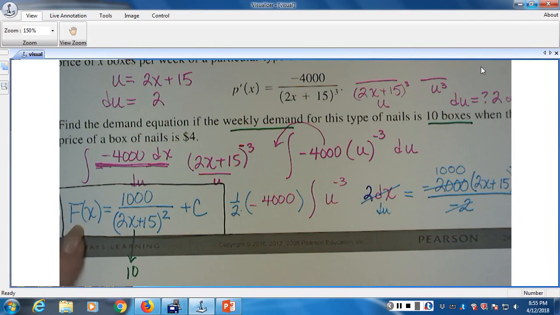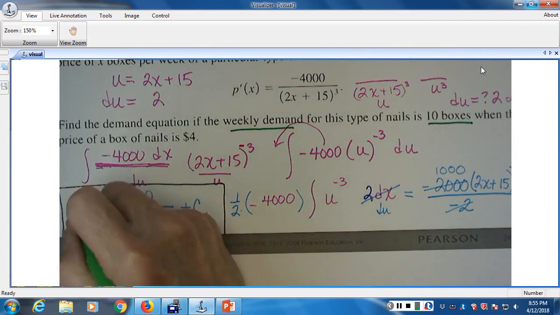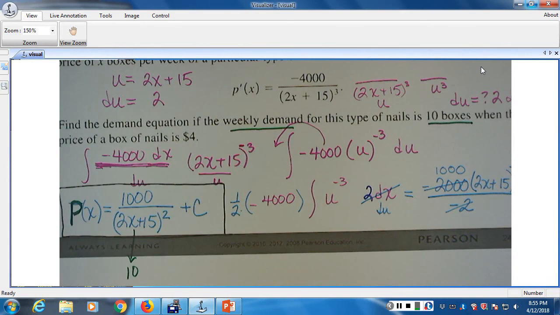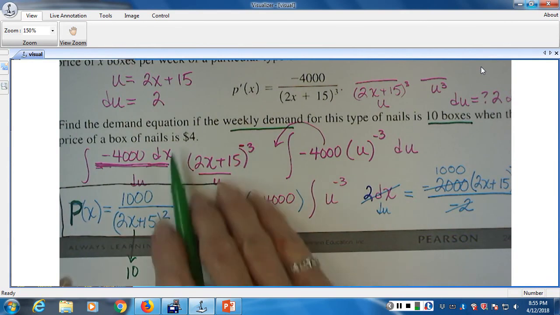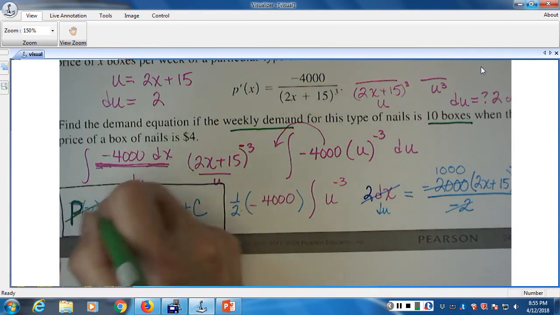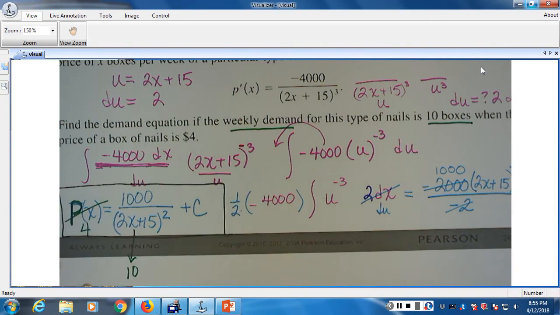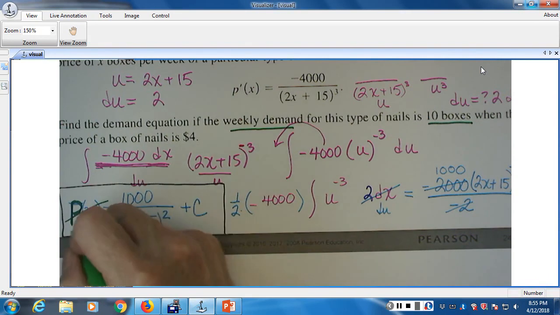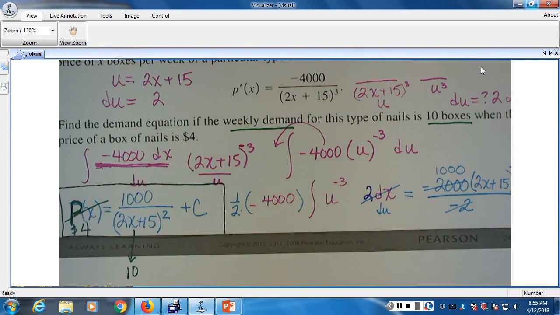And f of x is actually a price function, because this was the derivative of price. And it says the price of the box of nails is $4. So what they've given us at that point is the information to figure out what that constant actually is.